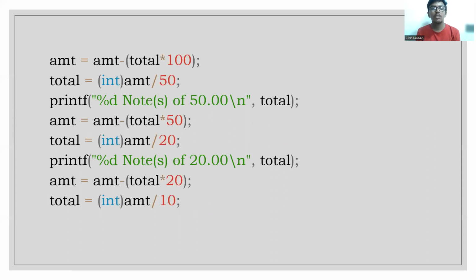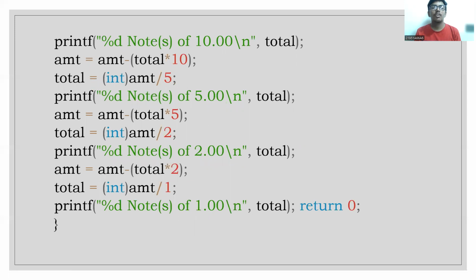Total is equal to int amt by 20. Printf of %d notes of 20, comma total. Amt is equal to amt minus total into 20. Total is equal to amt by 10. Amt means amount.